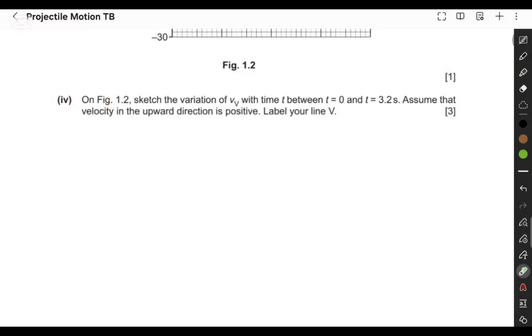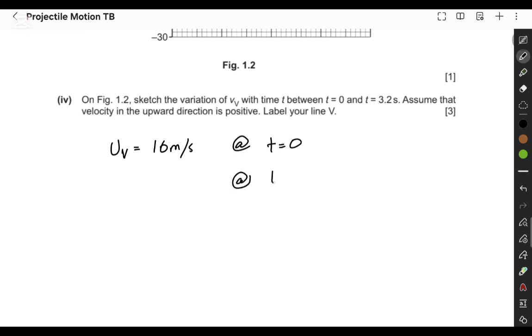So in the final part, it says on figure 1.2, sketch the variation of the vertical velocity with time t between t equals 0 and t equals 3.2 seconds. Assume that the velocity in the upward direction is positive and label your line V. So our initial velocity in the vertical direction is equal to 16 meters per second at t equals 0.